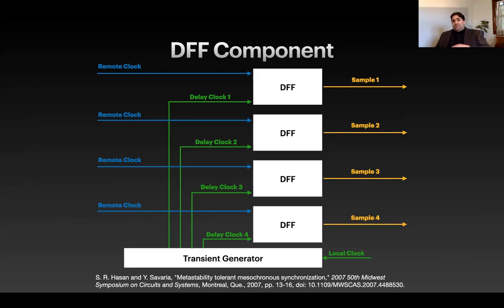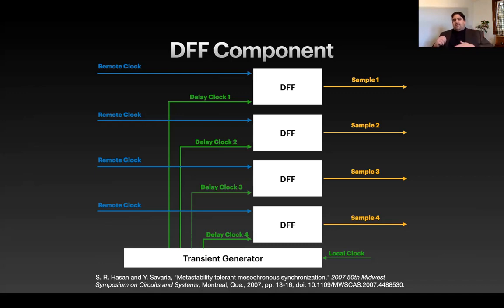Basically what the transient generator is doing is it's taking as an input the local clock, the asynchronous receiving block's clock. It's taking that local clock signal and it's going to delay it in equal steps. So you have delay clock 1, delay clock 2, delay clock 3, what have you, and they're all delayed by different amounts.